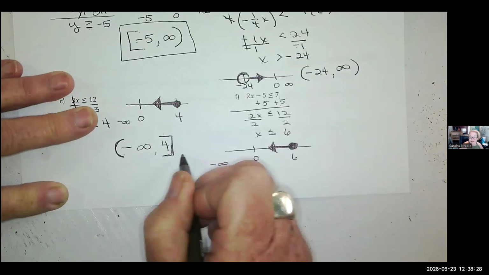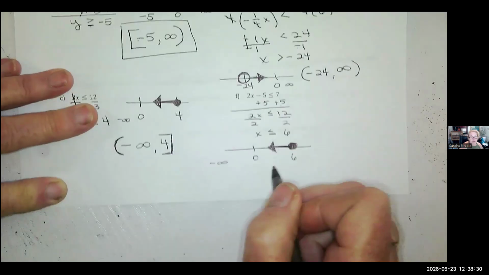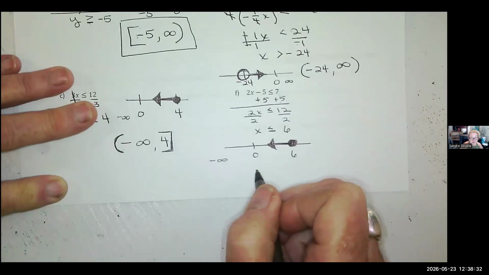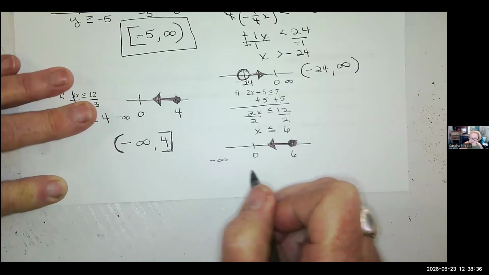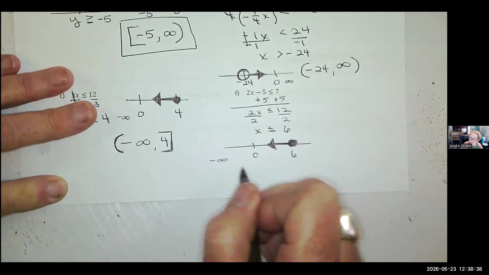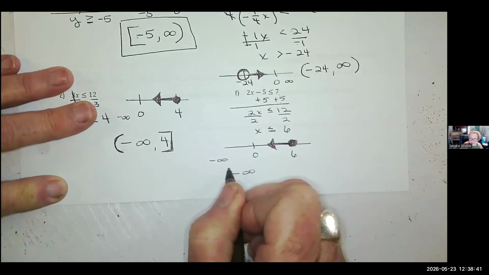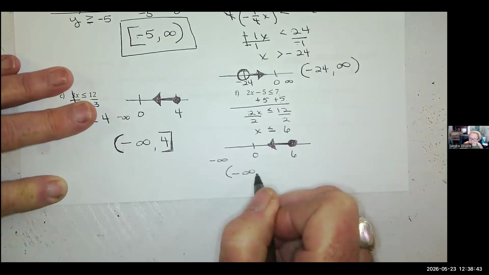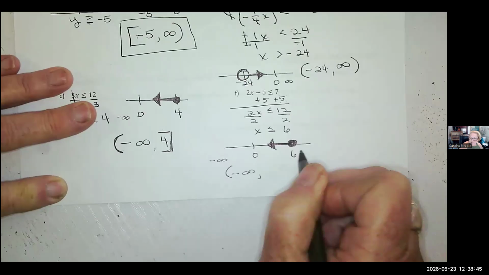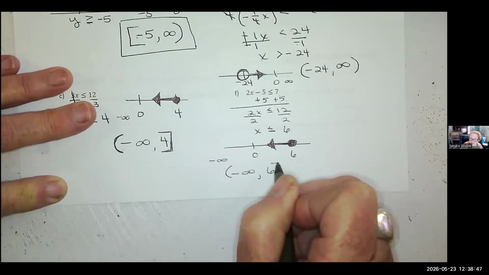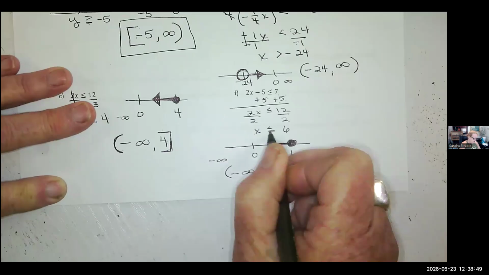Remember, when you write your interval notation, it must start with the furthest number to the left, included or not included. In this case, it is negative infinity, parenthesis because of not knowing what it is, and then going up to 6. 6 is included because of the equal sign, and that is your answer for your interval notation.